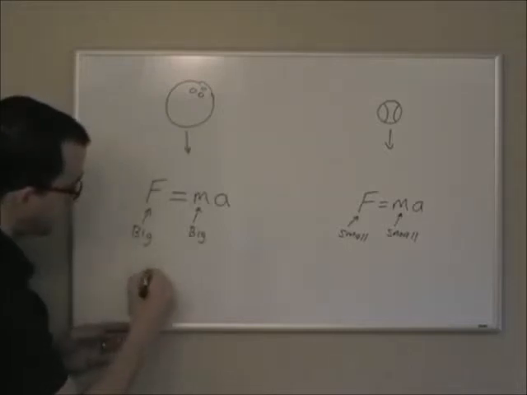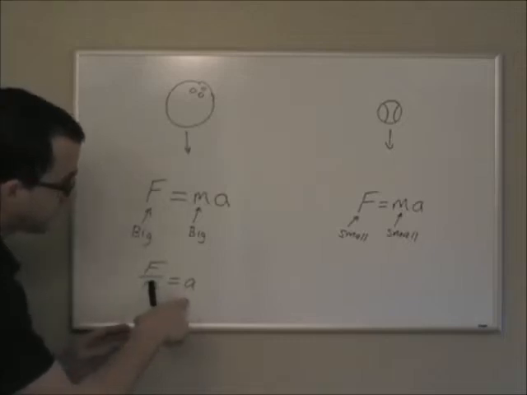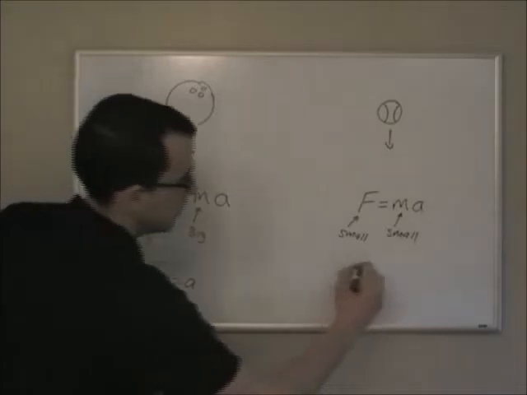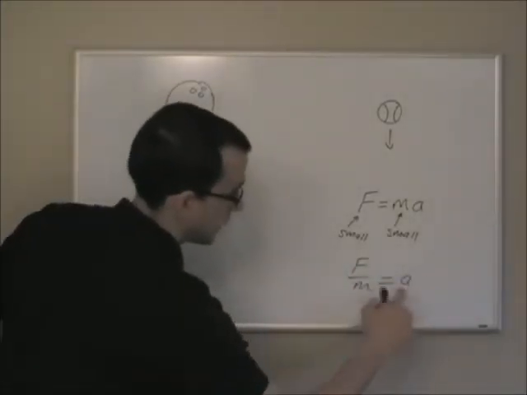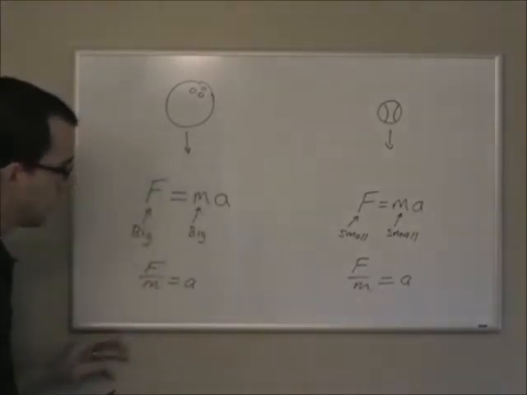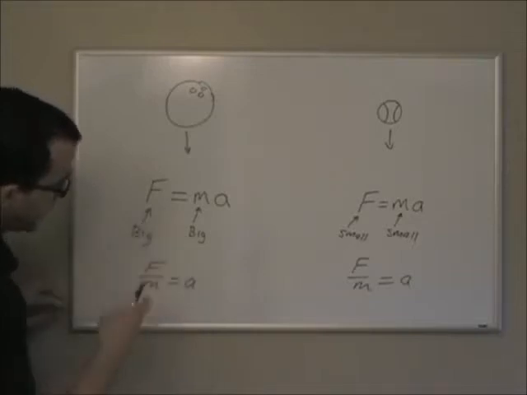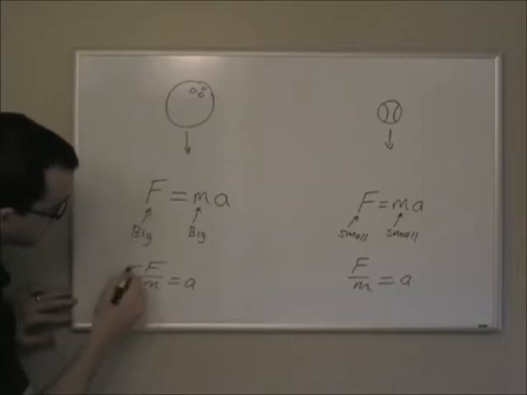And if we divide through by m, we see that the acceleration that the object feels is equal to the force divided by the mass of the ball. And that's the same on both of these. And again, this acceleration is, we're claiming, constant. And it kind of makes sense because as the mass gets big, so does the force.